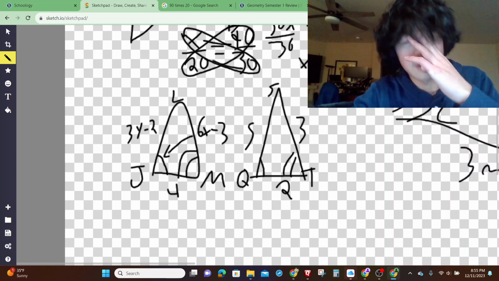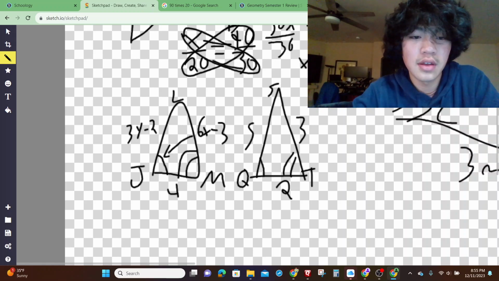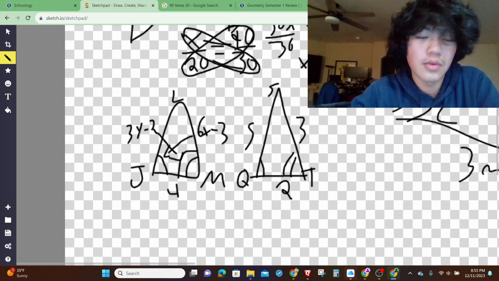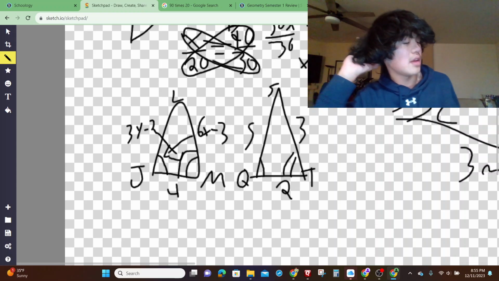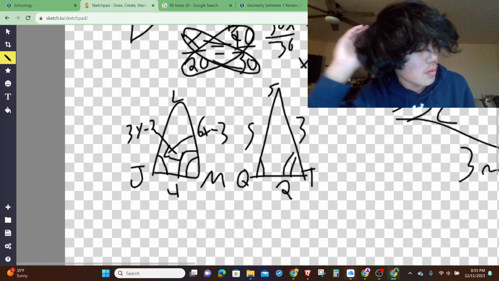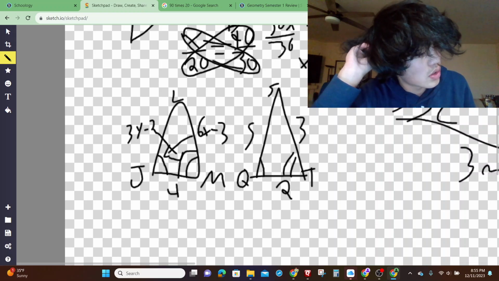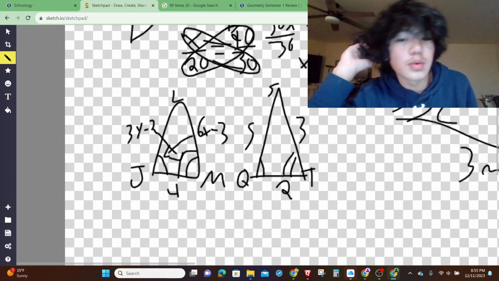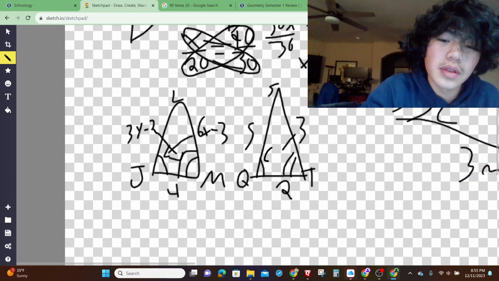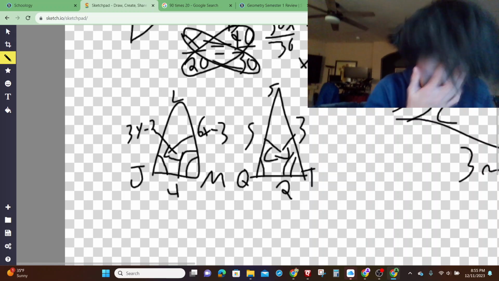That little angle in there is 6x minus 3, and 3y minus 2, we can put that right there. So we're going to do the same on the side. We can put 3 right there and 5 right there.